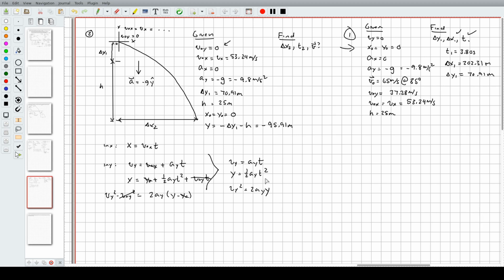Now, we really want to find this, but to find this, we need to find this. I would use this right here to find it. This is what we need. We know, for example, how far below our origin we're going, and we know our acceleration, which is due to gravity.